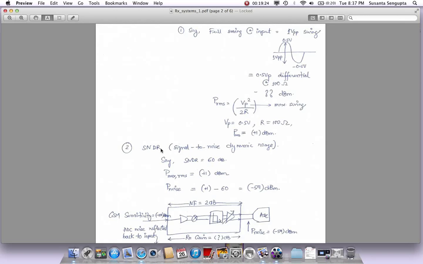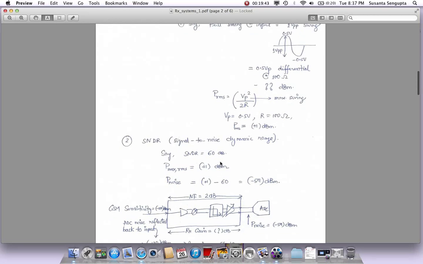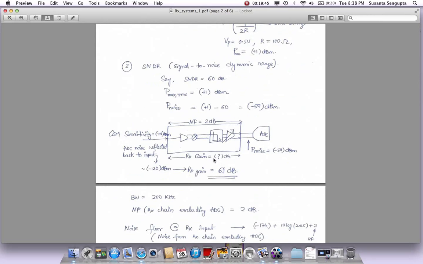I'm not really trying to refer to anything like that. All I am saying is that I just want to know where the noise floor is. That's all I'm trying to calculate. So by doing all this, we have come to a point where we say the noise floor is minus 59 dBm, which is the ADC's noise floor for this case, where the ADC is a 60 dB dynamic range ADC.